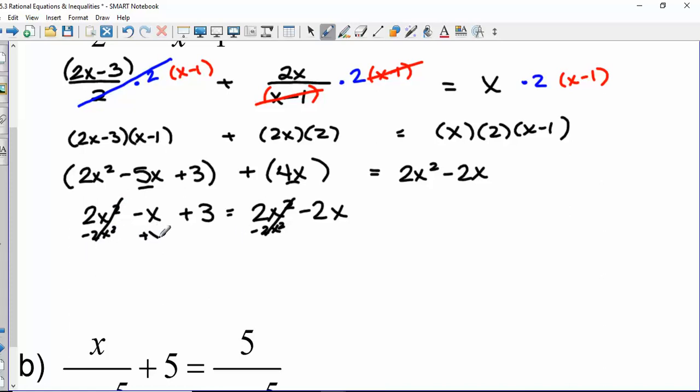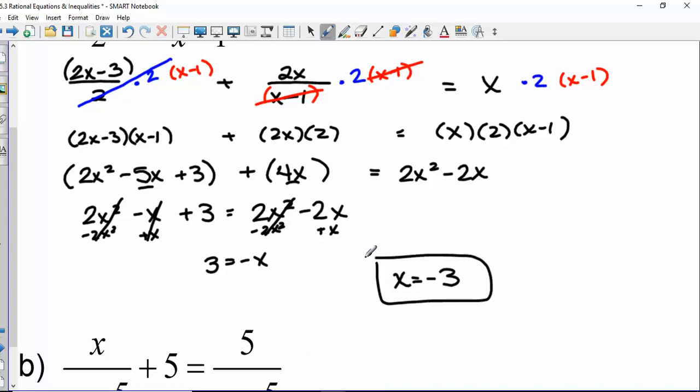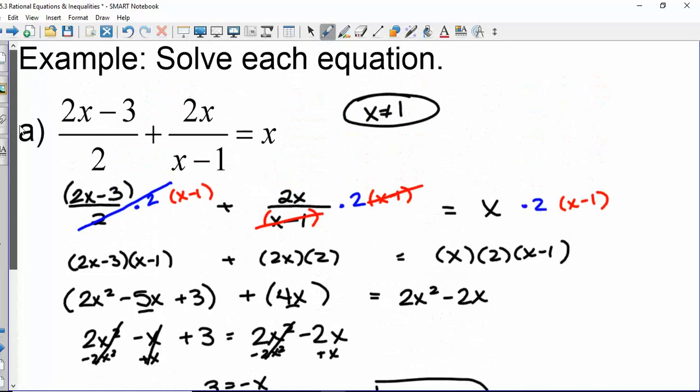So I'm going to add over my x. So I get 3 equals negative x. So x is negative 3. Double check. What was the only thing we said x could not be? 1. So negative 3 is okay. That is our answer. You can always check these just by plugging it back in the original.